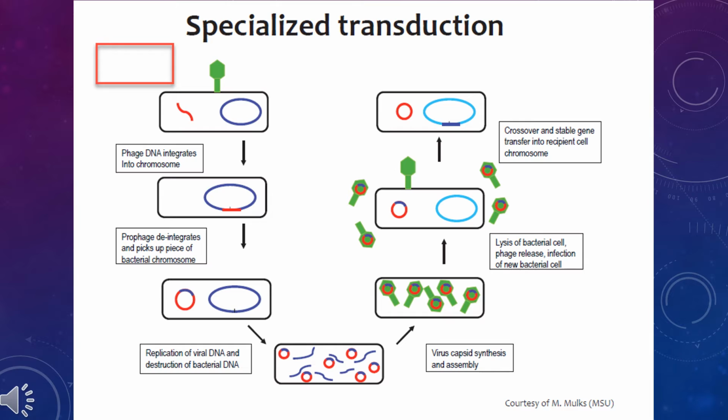You may ask why this bacterial cell still survived when it was infected successfully. Well, this is because the viral vectors in specialized transduction are only temperate phages. Temperate phages have the ability to display a lysogenic life cycle, which means they can integrate their genome into their target cell without killing it, which also means that there is a stable integration of the phage genome into the bacterial genome.